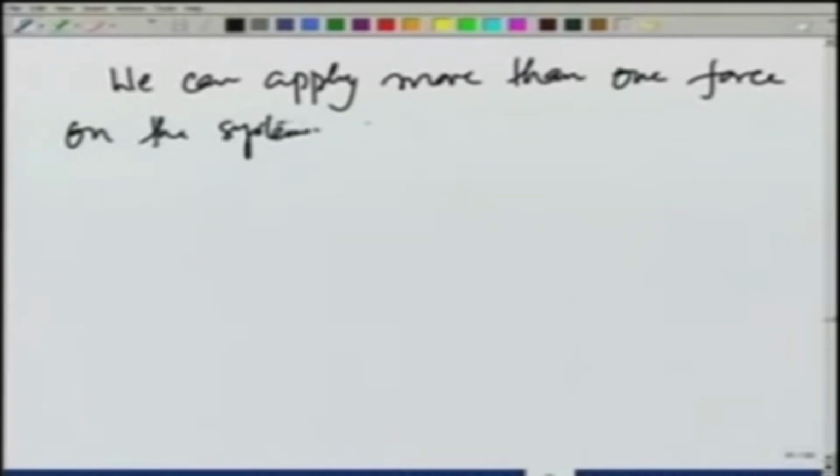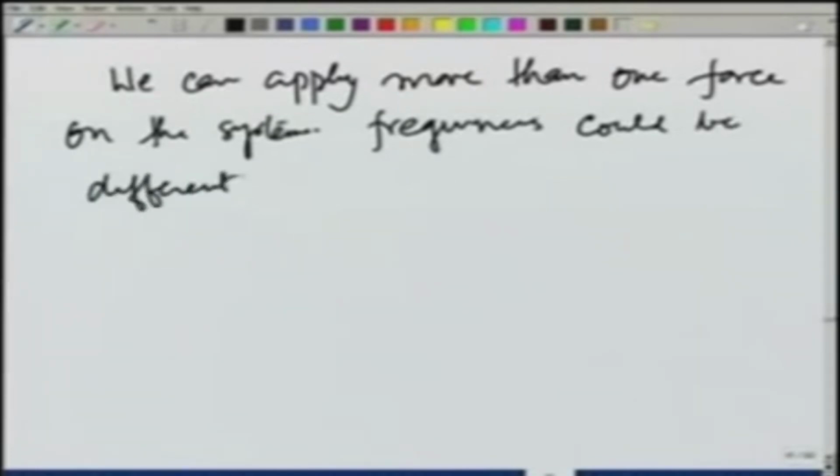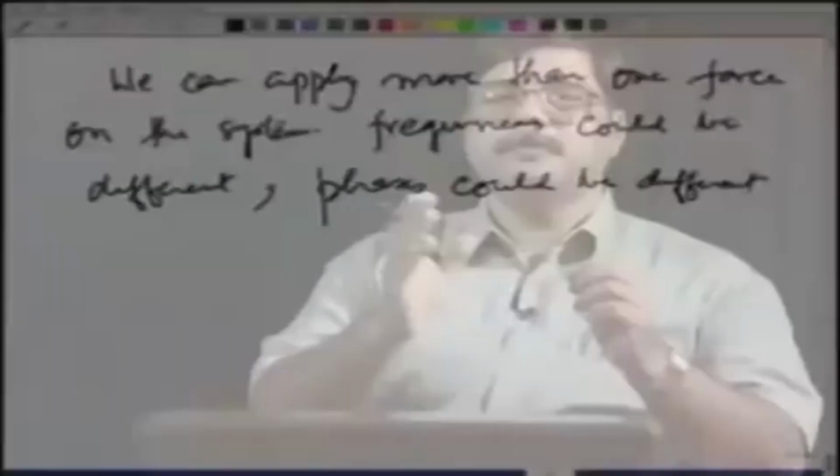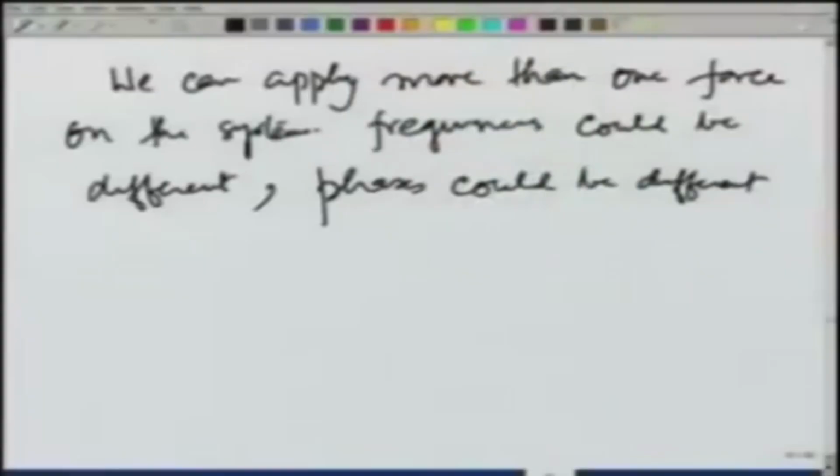Not only that, their frequencies could be different, phases could be different. When I say phases could be different, I mean when one force is maximum, other force need not be maximum at that time. So, what would be the motion in general?